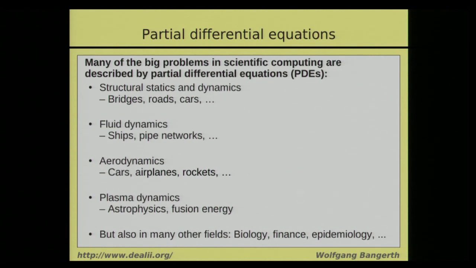For example, in the 1990s, the Nobel Prize for Economics went to people called Black and Scholes, who found out that you can describe the cost or the price that you should ask for stock options using an equation that today we call the Black-Scholes equation. That's a partial differential equation.